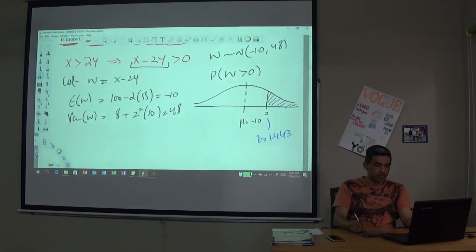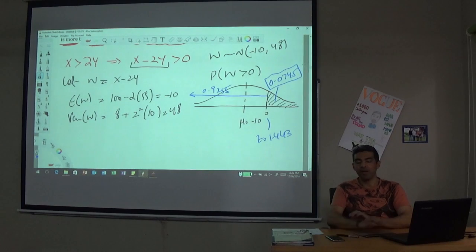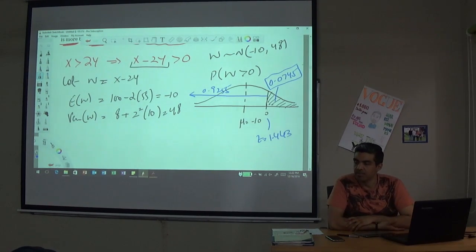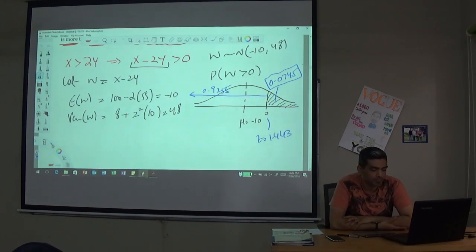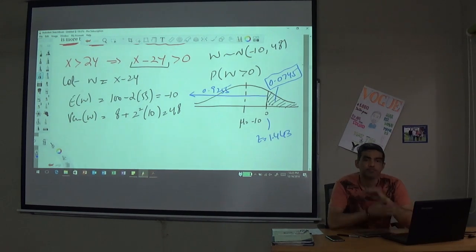So this area is 0.9255 and this one 0.0745. That's the answer. 1 minus 0.9255 is the area that we require. Right? Are we all good?